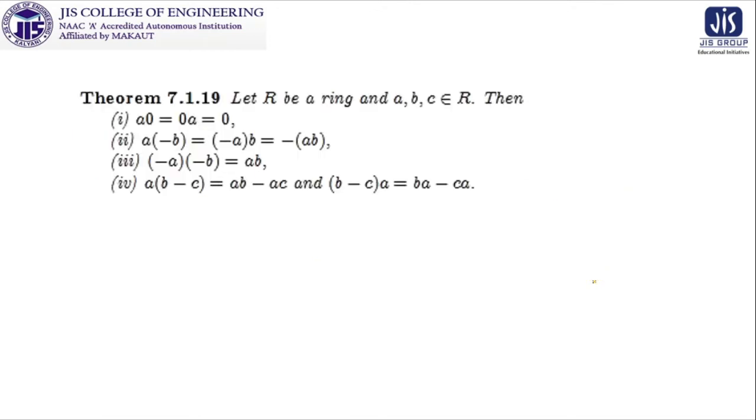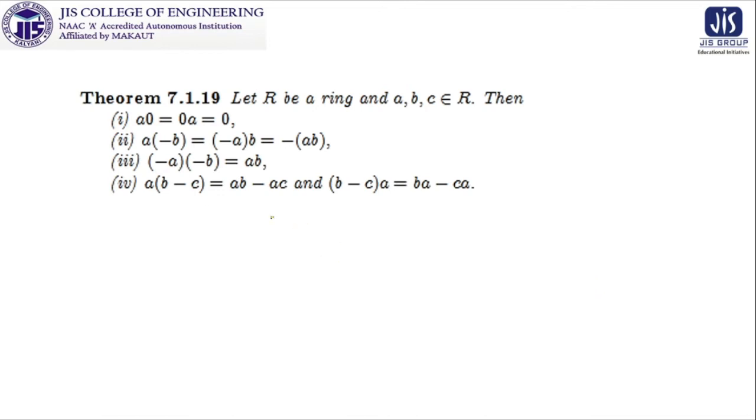Now we are going to learn some very basic ideas. Up to this class maybe all of us believe that they are obvious, but we can prove them. So look at the first result: A dot 0 is equal to 0 dot A is equal to 0.